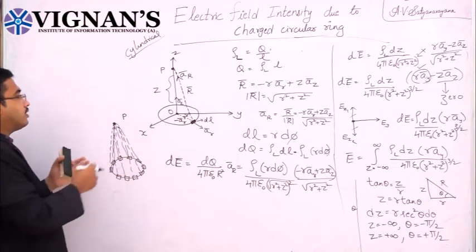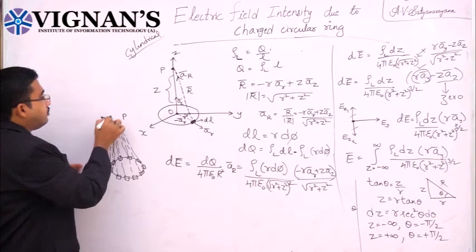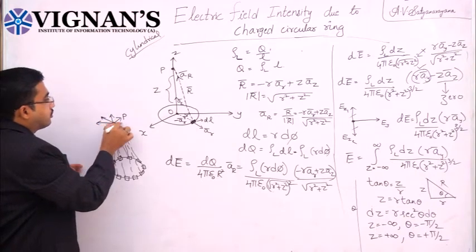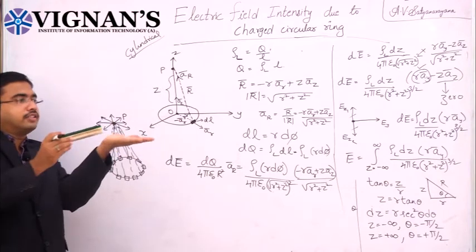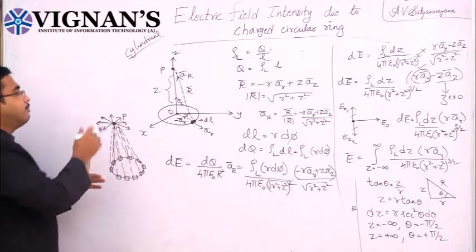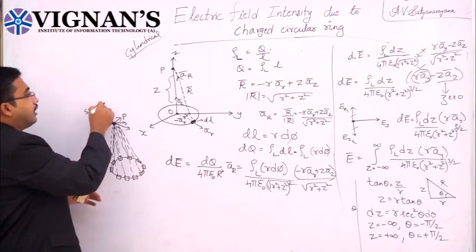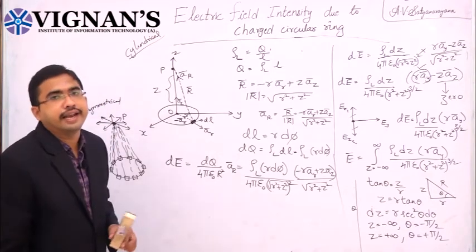So your axis will be here. If at all you consider a plane like this, in this plane you will be having all minus ar bars which are symmetrical. As these are symmetrical, they will cancel each other, and there will not be any radial components.